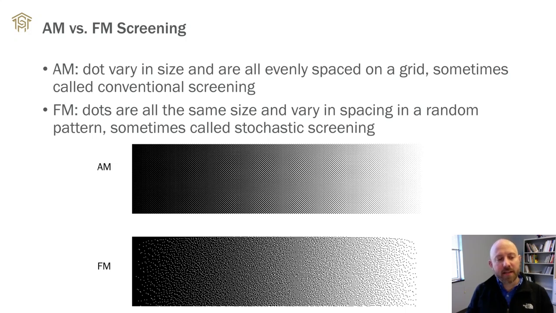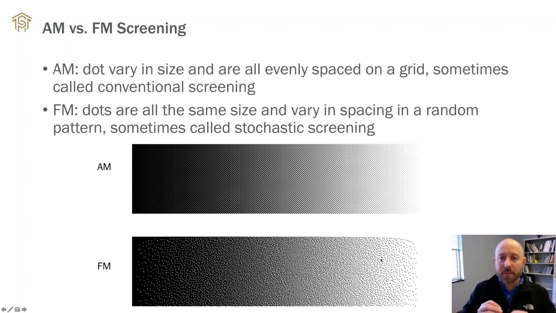On the flip side of things, there's another form of screening called FM screening. Sometimes this is called stochastic screening, and the difference is that the dots are randomly spaced. All of the dots are the exact same size, so whether the dots are 90% or 10%, the dots are the same size.